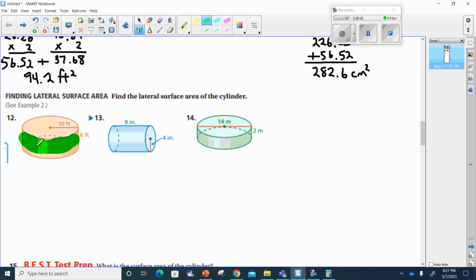They don't want to know what the area of the circles are. They want to know what's the part that's going around. And we already kind of have a formula for that we came up with. We realized that to find that, we have to go ahead and take the circumference, right? So that's diameter times pi, which we can turn into 2 radiuses times pi.